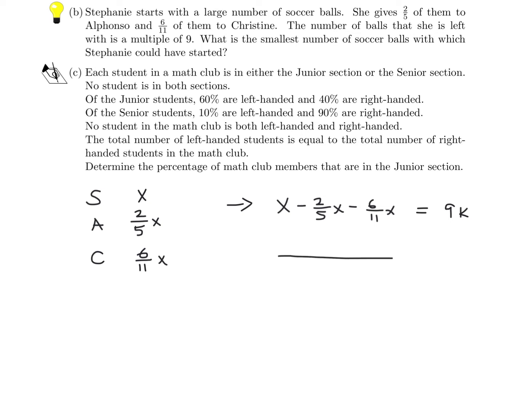When you get a common denominator, it'll be 55, so it'll be 55 minus 22 minus 30, and that's all x. Okay, so that looks to me like 3/55 x is 9k.